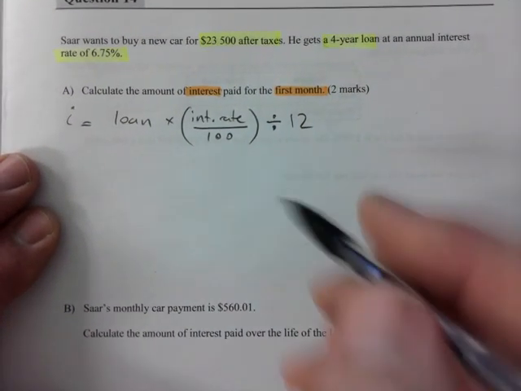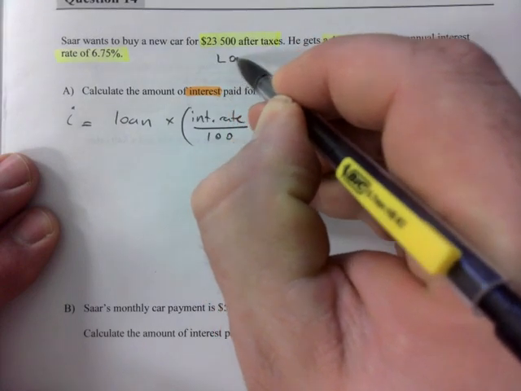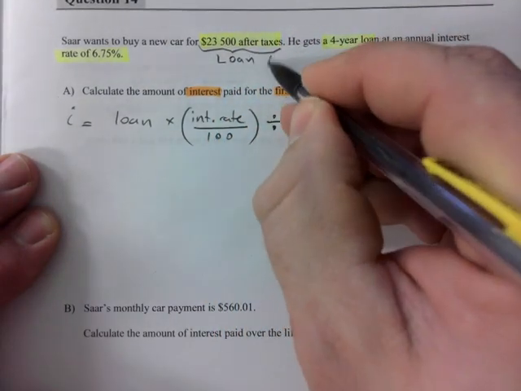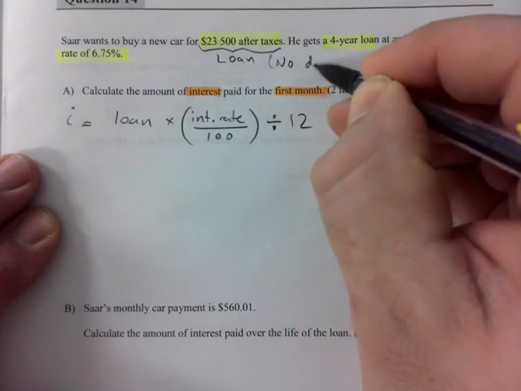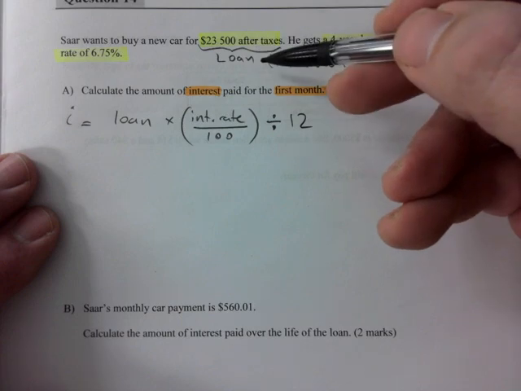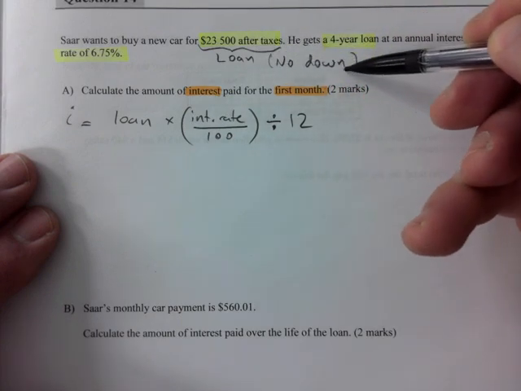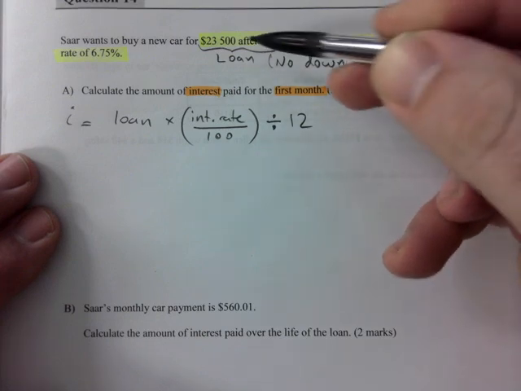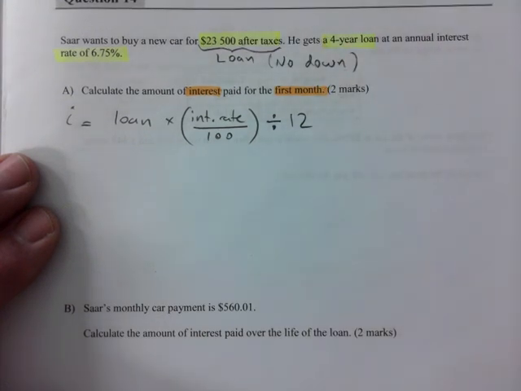In this case, this is your loan here, because there is no down payment mentioned, right? No down. So normally, we would take the price of the car after tax, take away any down payment, and that would be our loan. In this case, there is no down payment, so all of it is the loan.